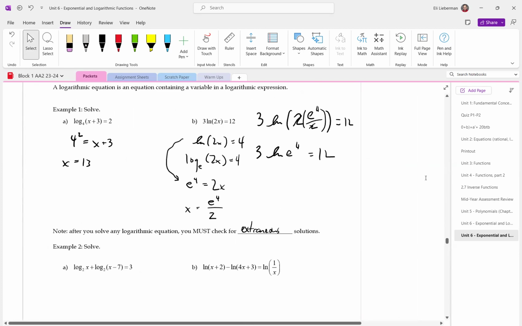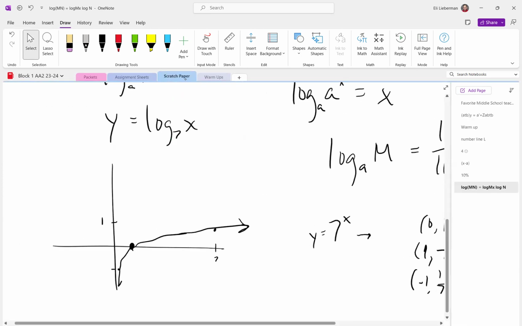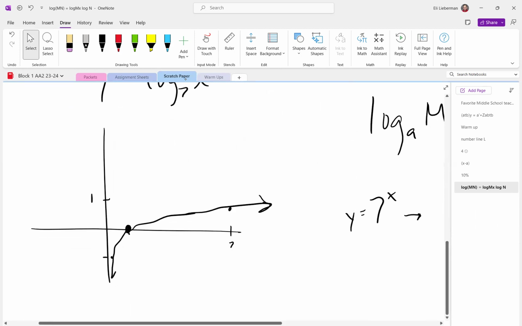What we are looking for is domain restriction or domain errors. When we did that quick warm up today, we saw the domain of a logarithm. No matter what the base is, the domain is 0 to infinity. So if you get a negative number in that argument, you know that solution has to be eliminated.